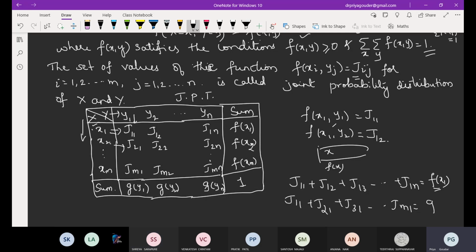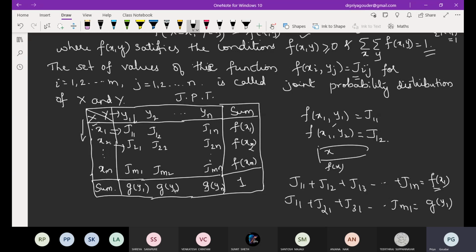So this is denoted as g of y1. If you are defining for X values, take the function as f, and if you are taking for Y values, you take it as g. Similarly, for y2, how to get it? Add all these column values. For yn, add all these values. You'll get like this.